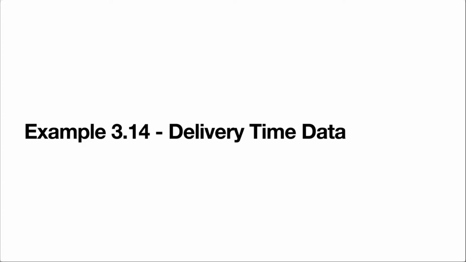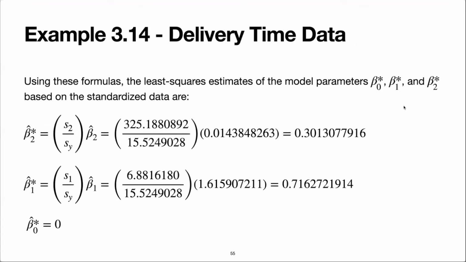We can certainly do that, all right, but we don't have to. As long as we have the parameter estimators based on the untransformed data, we can apply the formulas that we've just seen and come up with those standardized estimates. And so let's first do the calculations using the formulas. Using these formulas, the least squares estimates of the model parameters beta 0 star, beta 1 star, and beta 2 star that are based on the standardized data would be as follows.